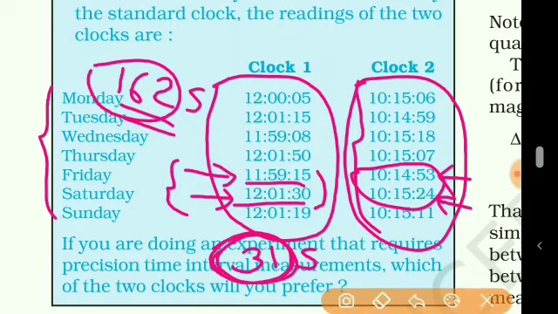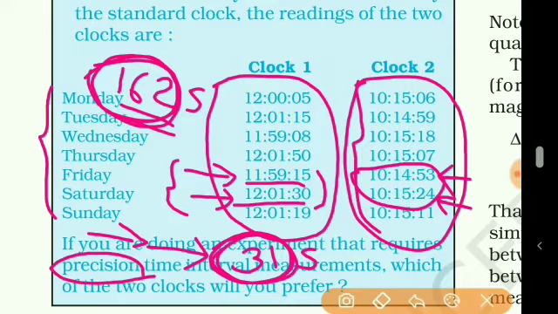It is the second clock, that is 31 second only, while the first clock gives a large difference. So during the experiment, which clock is good for the measurement? The one which gives the small difference is considered as precise. And so, considering the precision, we have to use the second clock.